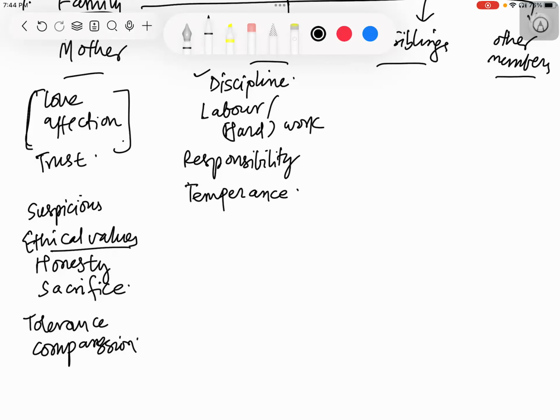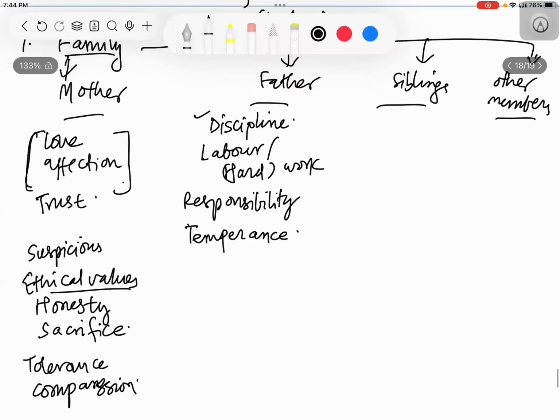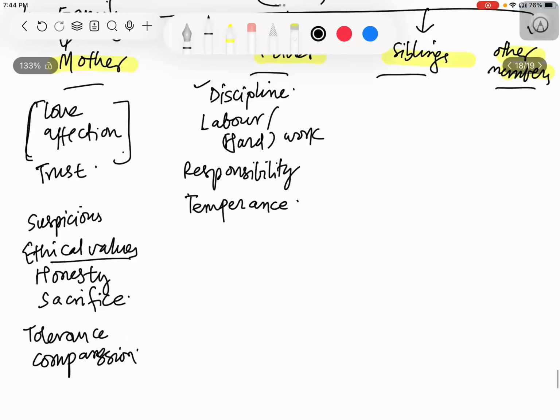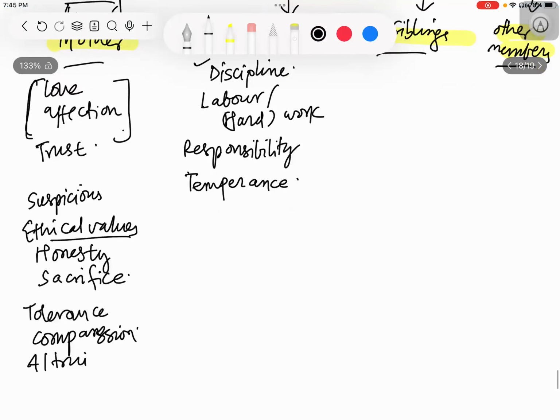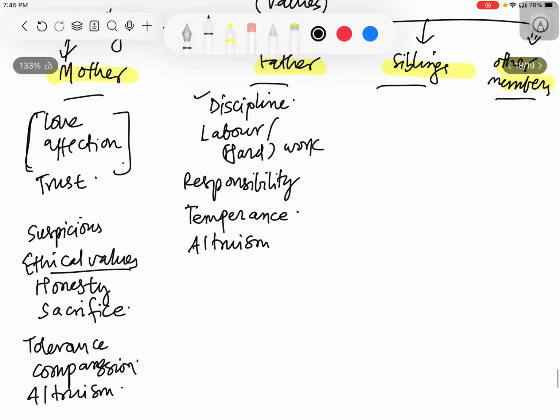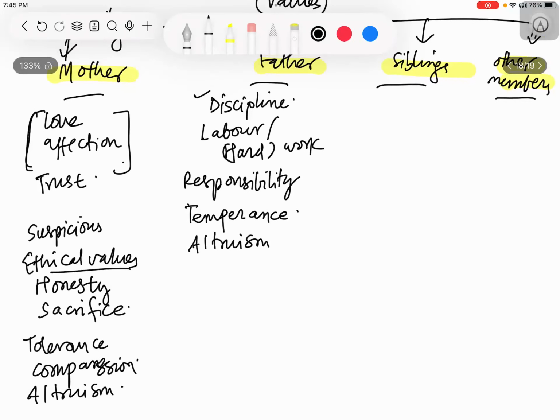Which other value can we say that father will impact? Sir, altruism. Altruism, I think it should come here also. Okay, altruism can come in both. Okay, altruism can come in both, it is not that it is only father or mother. Anything else? Siblings. The leadership. Excellent. Good point, leadership. Very good point. Father will teach.